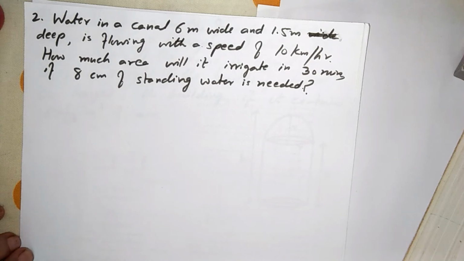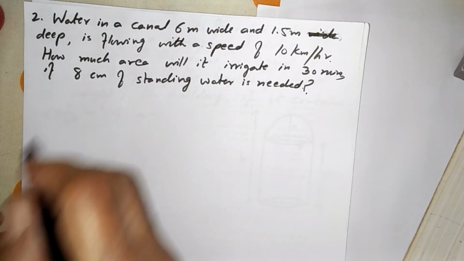So we will consider canal as a cuboid of length. The length part of the speed unit is 10 kilometer, we will take it as the length of the cuboid. Then the volume will be the volume of water collected in 1 hour.